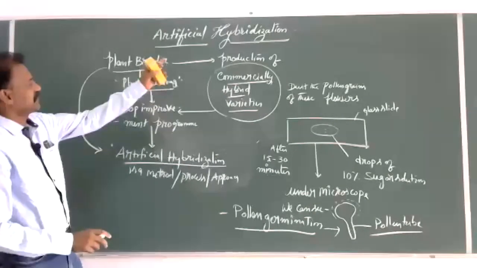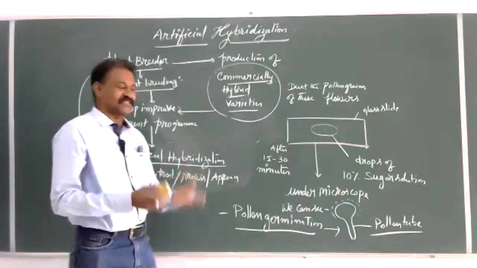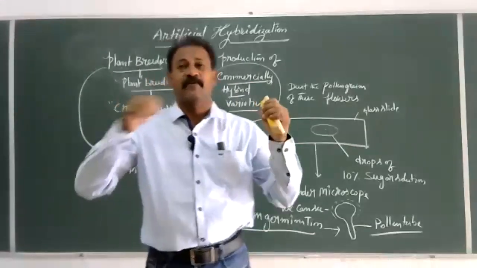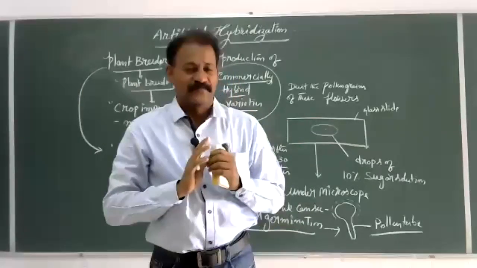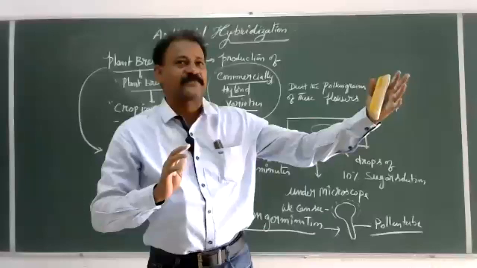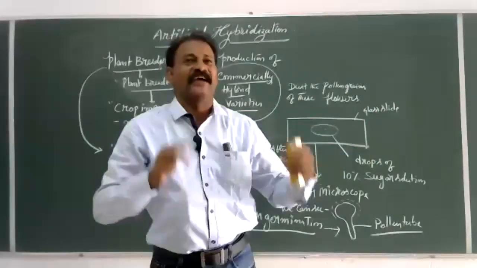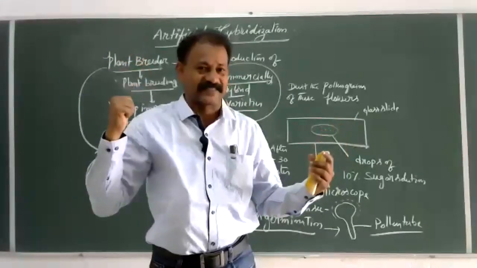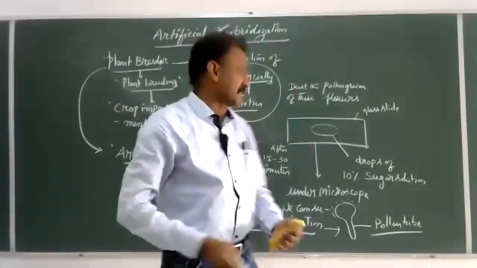So in artificial hybridization, as we have seen yesterday, we have to select good quality plants among the normal populations. In various populations of any crop species, a plant breeder will select a good plant with desirable characters.